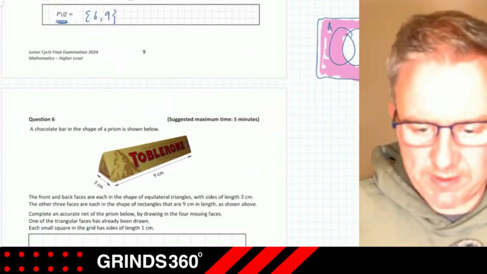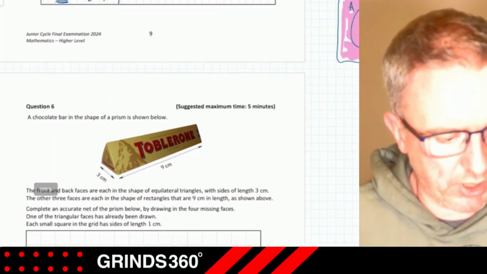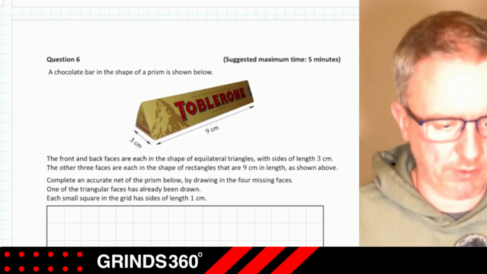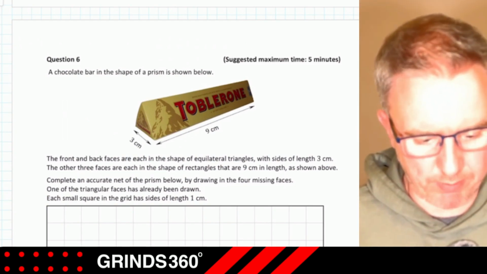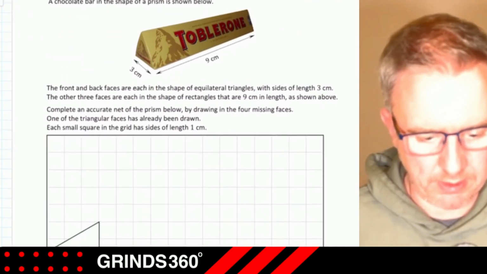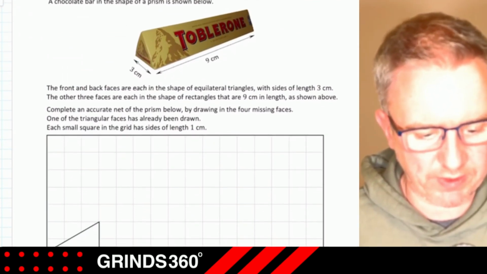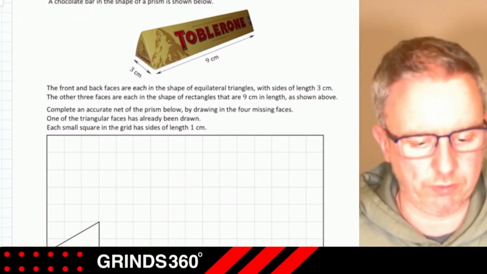So question 6 in that paper then, all right? So a chocolate bar is in the shape of a prism, okay? And so they've taken Toblerone, all right? So the front and back faces are each in the shape of equilateral triangles with side lengths of 3 centimeters. The 3 other faces are each in the shape of rectangles that are 9 centimeters in length, as shown, all right?